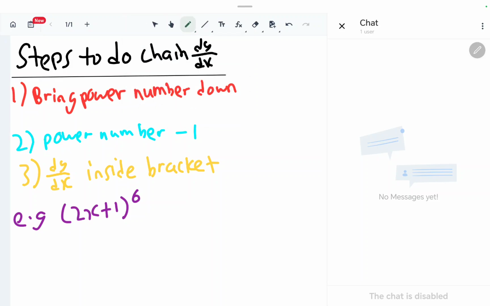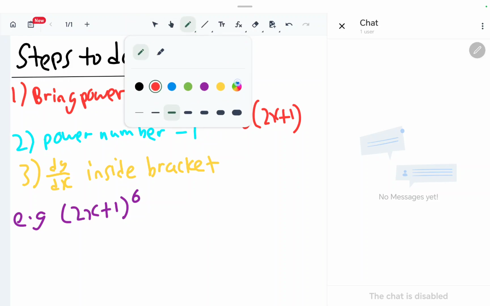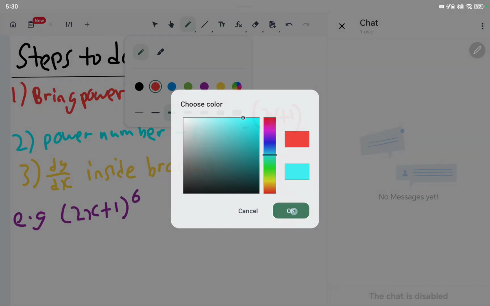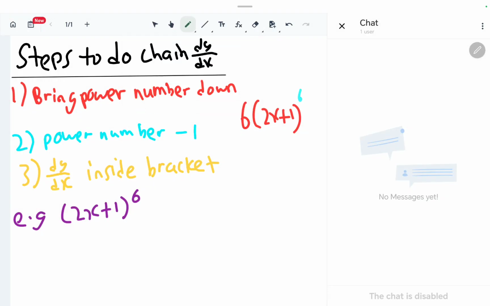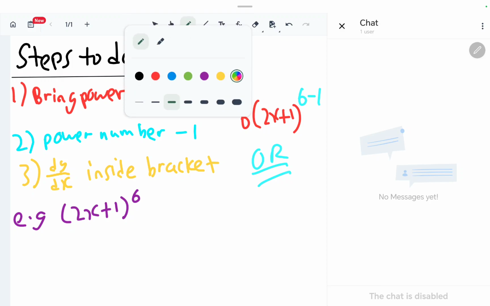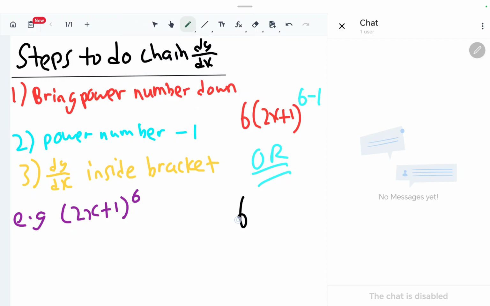So it will be 6 bracket 2x plus 1, and then power number minus 1, which will be 6 minus 1. I'll write it in black. This is what I would write: 6 bracket 2x plus 1 to the power of 5.